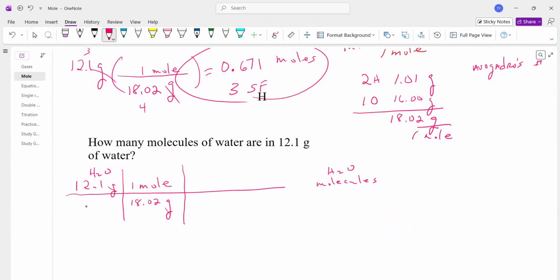Now we're going to go moles to the number of molecules. So mole has to cancel.